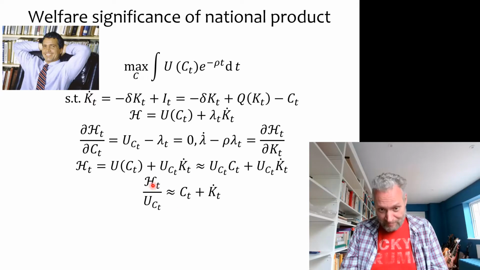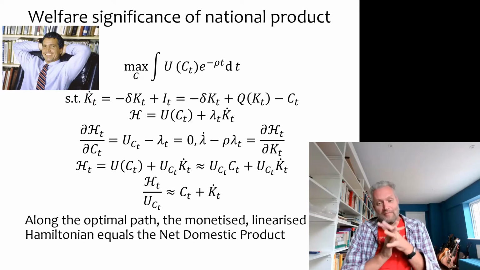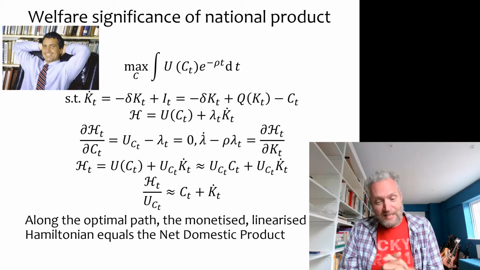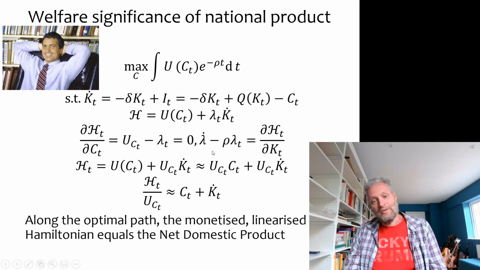And this thing here is equal to consumption plus the change in the physical capital stock. So the monetized and linearized Hamiltonian is the net domestic product. It's C plus I minus D.